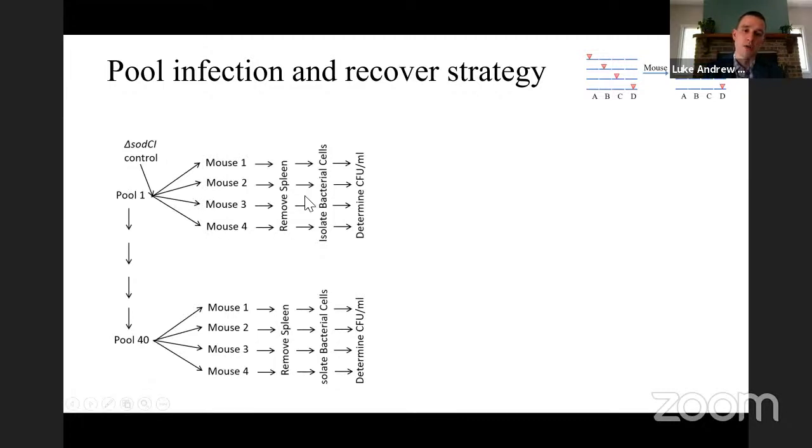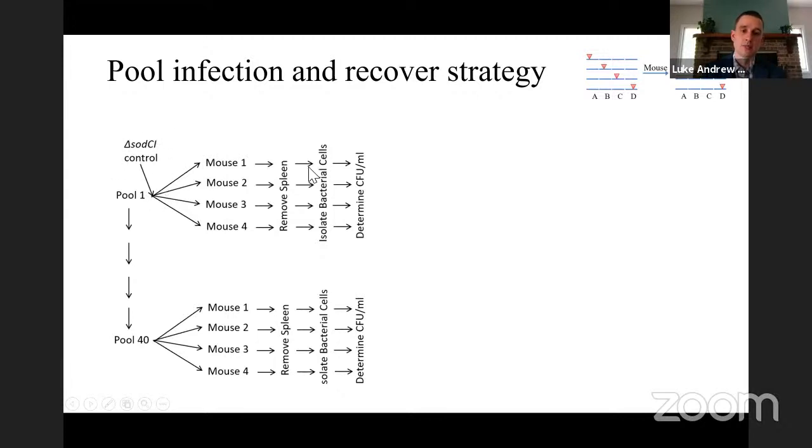So after 72 hours, I would remove the spleen from these animals, isolate the bacterial cells from that mixed tissue. And then for each individual population from an individual mouse, I would determine the CFU per mil and then store that in the freezer. And then right before I initiated these infections, I would spike in a SOD1 mutant as a control.